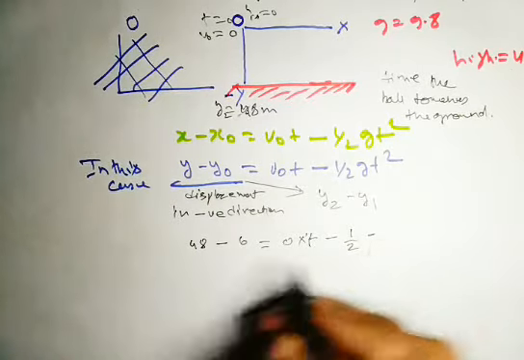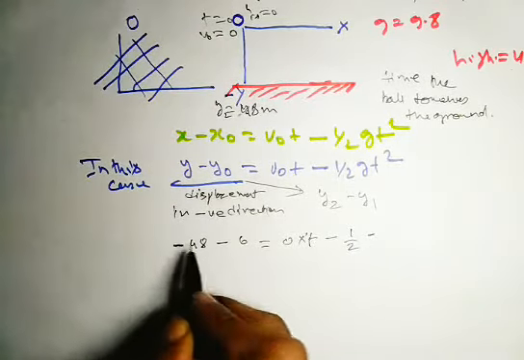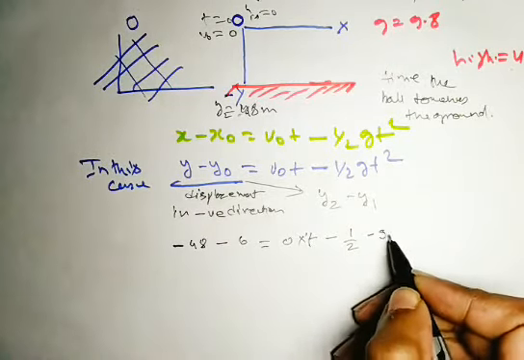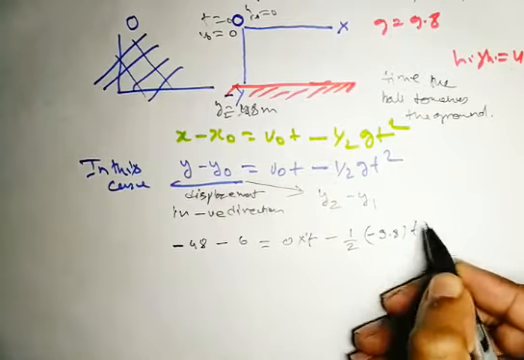We are taking g as negative here, and also we are taking the displacement as negative because the direction is downward, and t square.